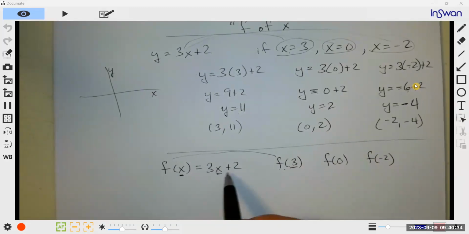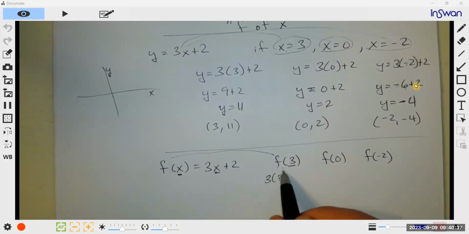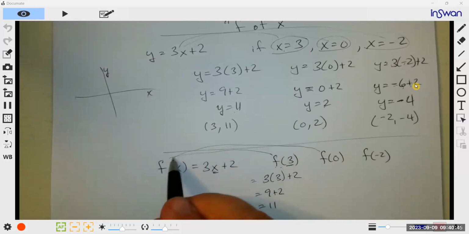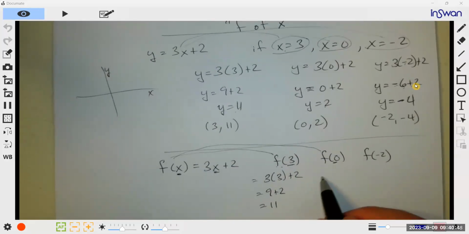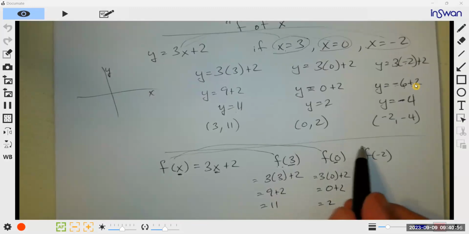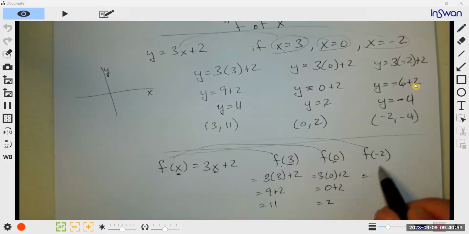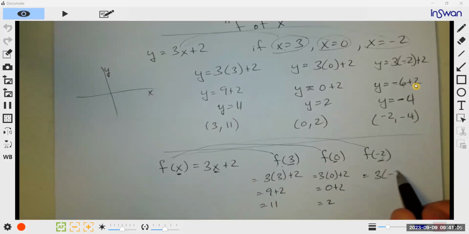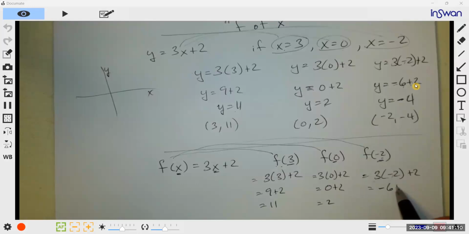Anywhere I see an x, I put a 3. Go to the function f. Anywhere I see an x, put a 0. And lastly, go to the function f. Anywhere I see an x, whatever's inside the parentheses is my x, it replaces the x in the equation. Positive, negative is negative. 3 times 2 is 6. 6 minus 2.